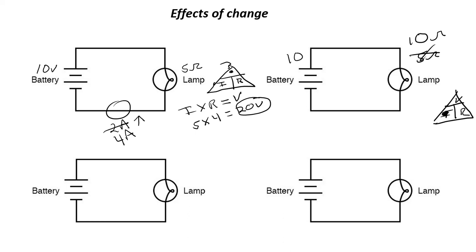So I got V divided by R. Volts is 10. Resistance is 10. So my answer is now 1 amp. So what happened? My resistance went up and my amps went down. So you can see how everything affects everything else.